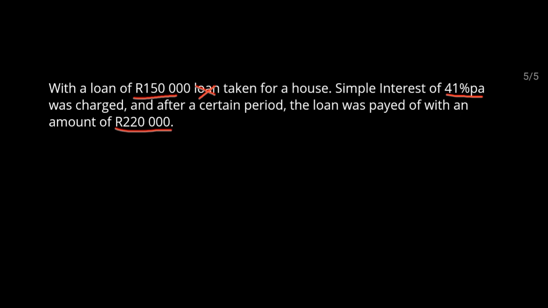What this means is that a person took a loan of 150,000 to buy a house. So they charged simple interest of 41%. Now after some time that we do not know, the loan was paid off. We do not know whether it was after 1 year, 10 years, or 11 years, but the loan was paid after that certain amount of time.